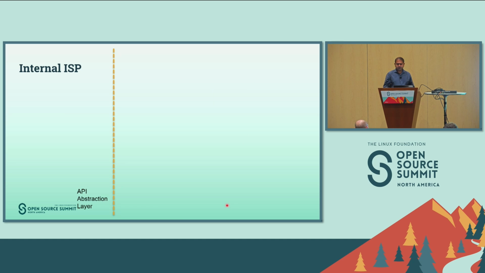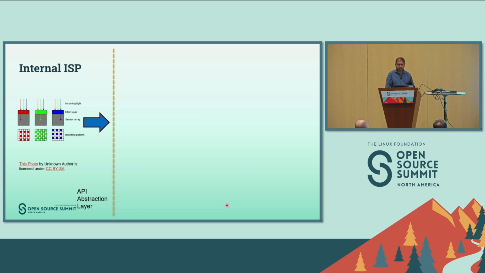But then things started changing as the process node started getting better. You started getting internal ISPs, for cost reasons, because SoCs were getting cheaper. So people started building just image sensors, which transmit in a format called Bayer.